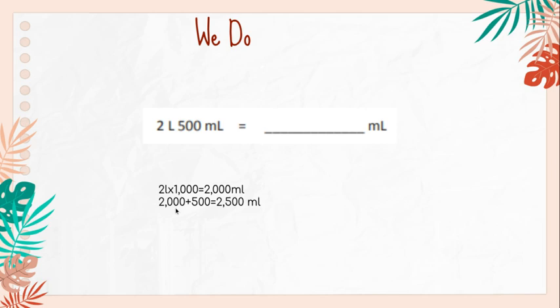So I would add 2,000 milliliters plus the 500 milliliters I already had, which gives me a total of 2,500 milliliters. So 2 liters, 500 milliliters is equivalent to 2,500 milliliters.